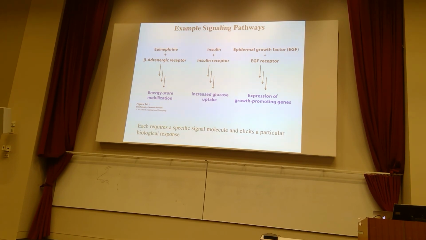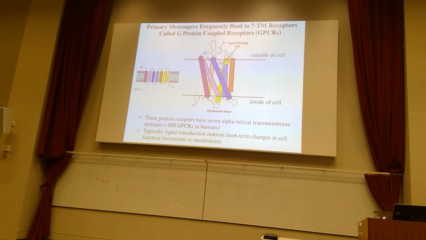These three examples all show some kind of extracellular signal, some kind of molecule that engages the cell on the extracellular surface, such as insulin or epidermal growth factor, and then turns on some response within the cell, such as increased glucose uptake or the variability of gene expression within the cell. I'm going to be paying particular attention on Tuesday to the activity of these proteins, G protein coupled receptors.